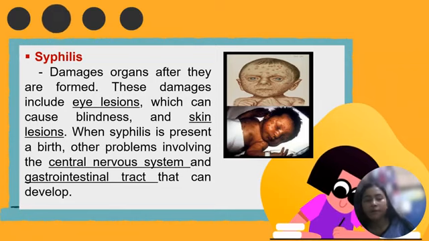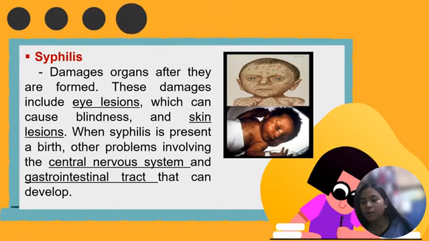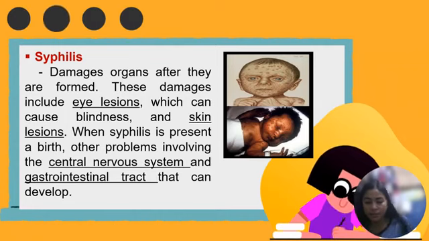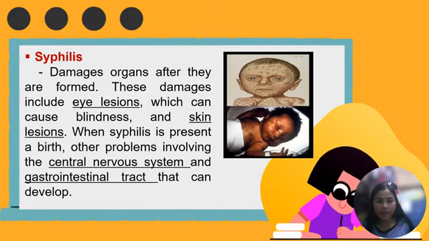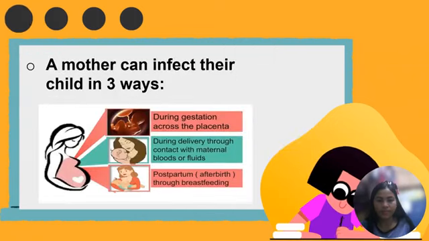Syphilis is a sexually transmitted infection, or STI, caused by the bacterium Treponema pallidum. It progresses in stages, each with distinct symptoms and potential complications when left untreated. So, like this, these are the skin lesions.